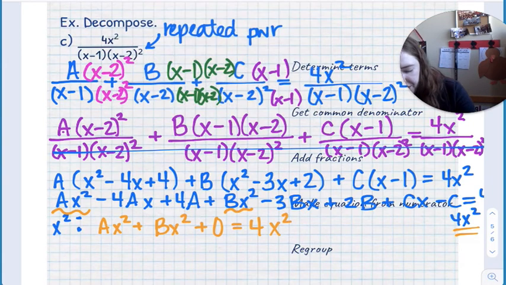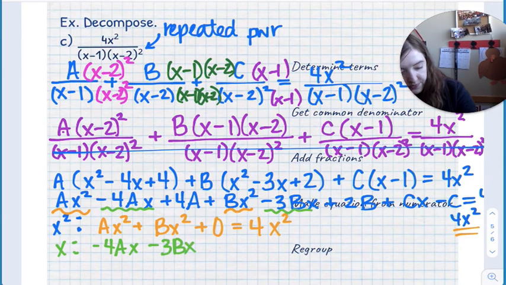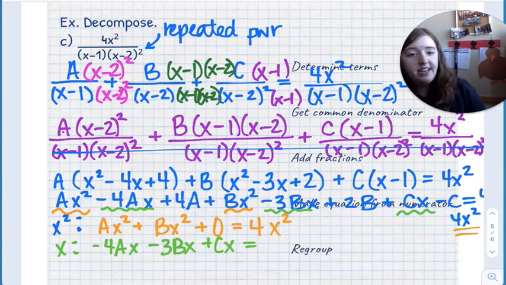Now we'll look at just the plain old x's. So I have negative 4ax and negative 3bx, and we have a positive cx. Now I don't have any x's over there on my right side with my 4x squared, so that will be equal to 0.